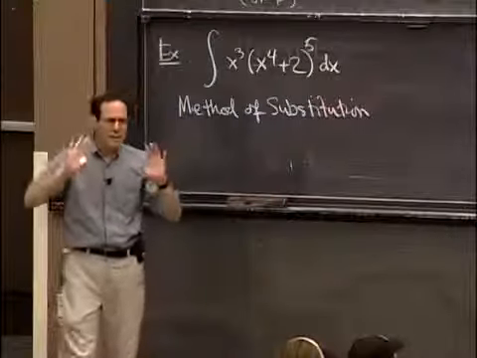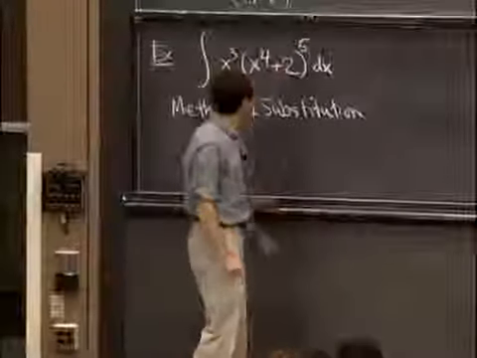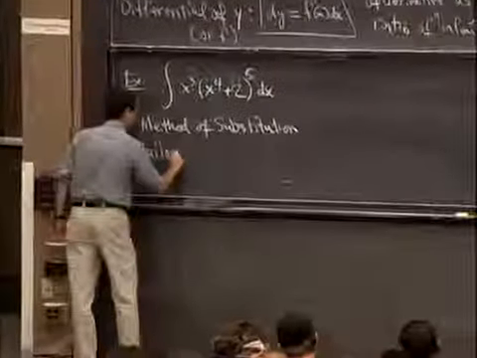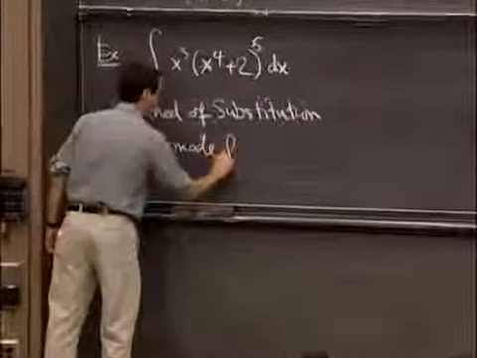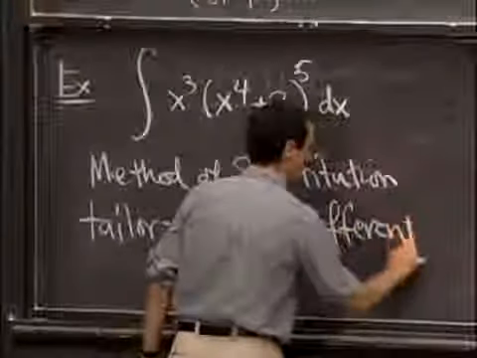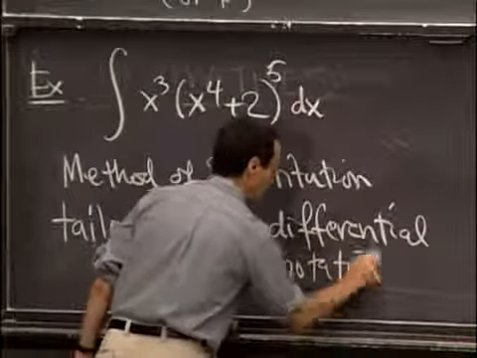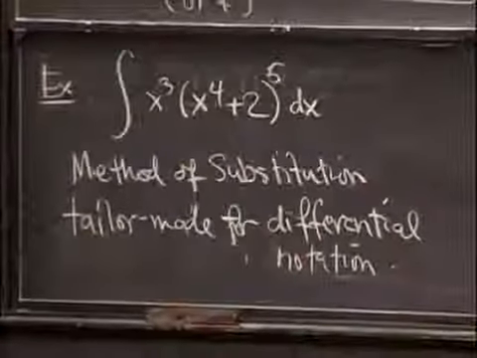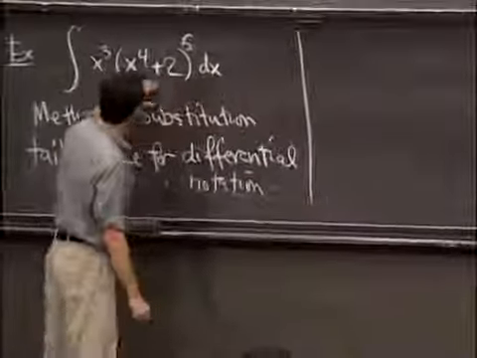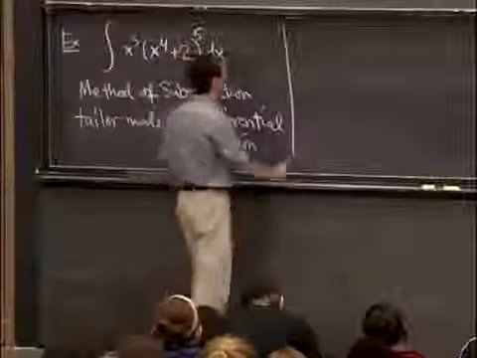And it is tailor-made for the notion of differentials, for differential notation. The idea is the following. I'm going to define a new function, and it's the messiest function that I see here.